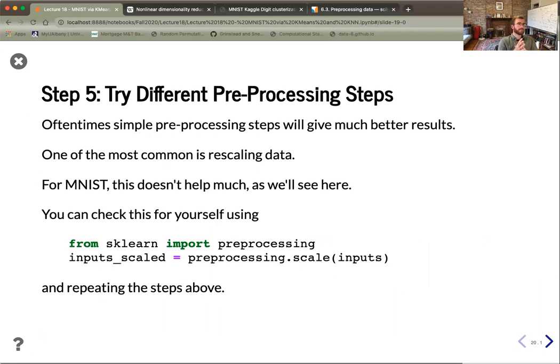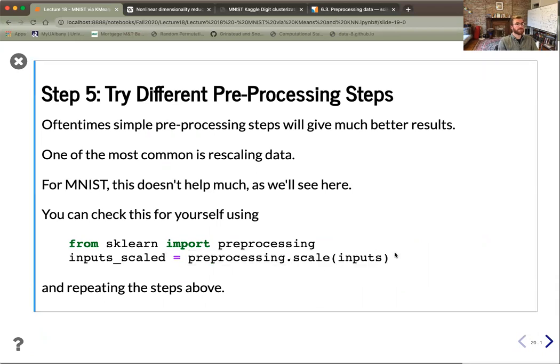One of the most common examples, and we'll really see it succeed in some other methods, is rescaling, where we scale our inputted data in such a way that it mean-centers and also tries to put variance close to 1, which is a standard trick. But in this case, applying this pre-processing step would actually make our classification worse. Hopefully we can see that in class.